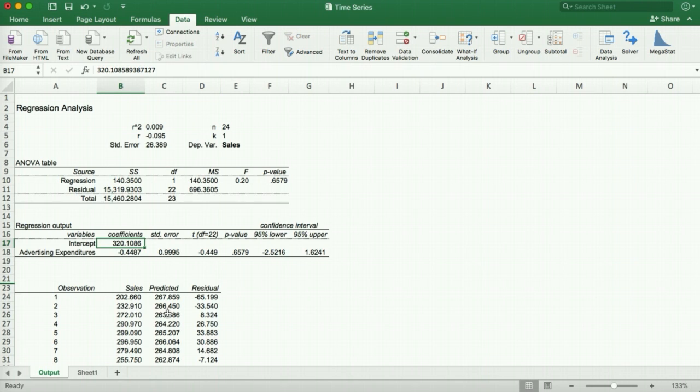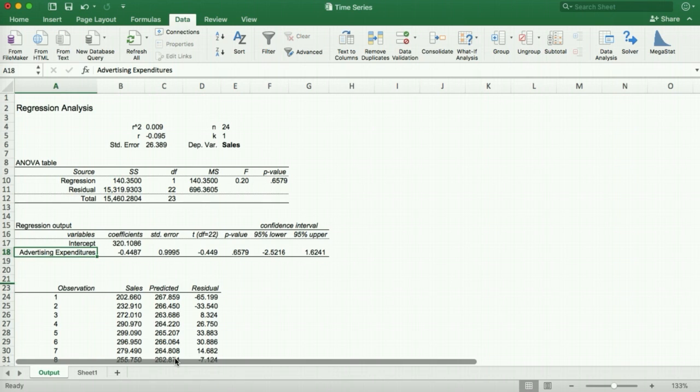So if we were to construct a regression equation, that's y hat, or the predicted sales for a particular month, is equal to 320.1086, it's just a constant, minus 0.4487 times X, where X here again refers to advertising expenditures. So that is the regression equation based on this data set.